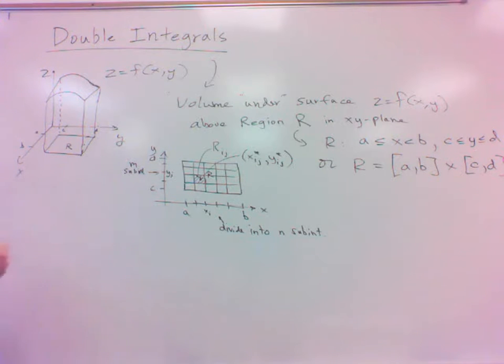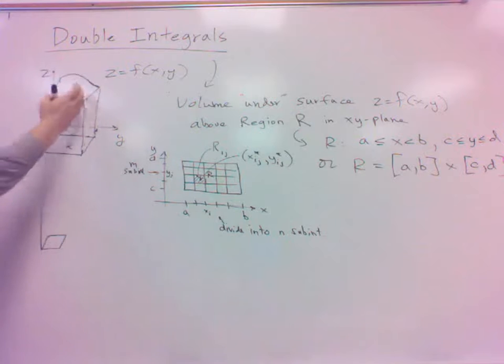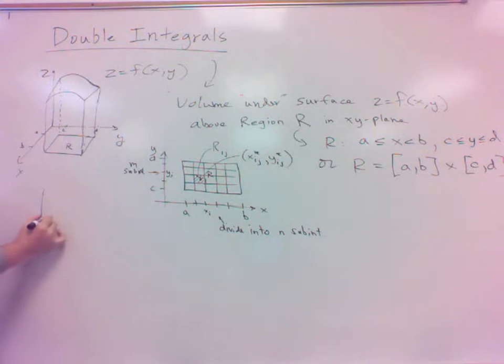Okay, and so what we're going to do is take each one of those and translate it over to here. Let's draw that Rij rectangle, and then that gets shot up to the surface there. Of course, it's not going to match the exact curvature there, but it is going to be something we can work with.